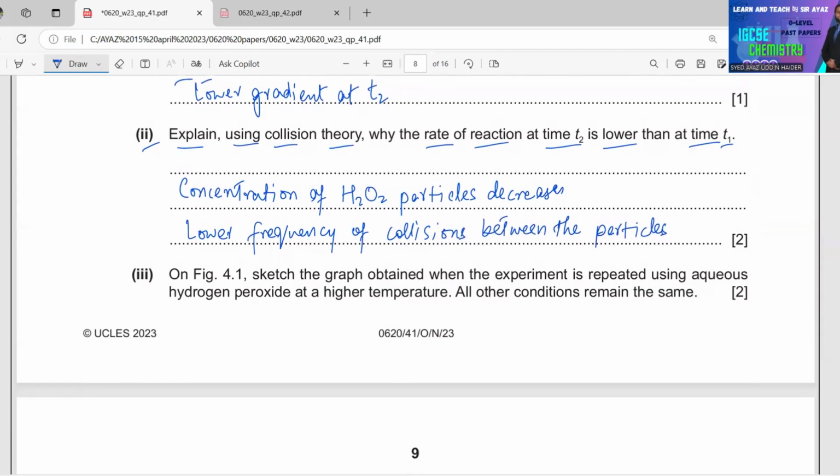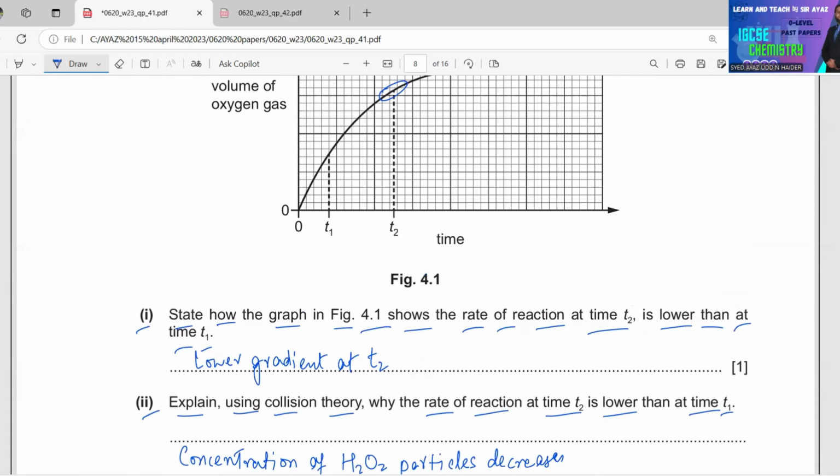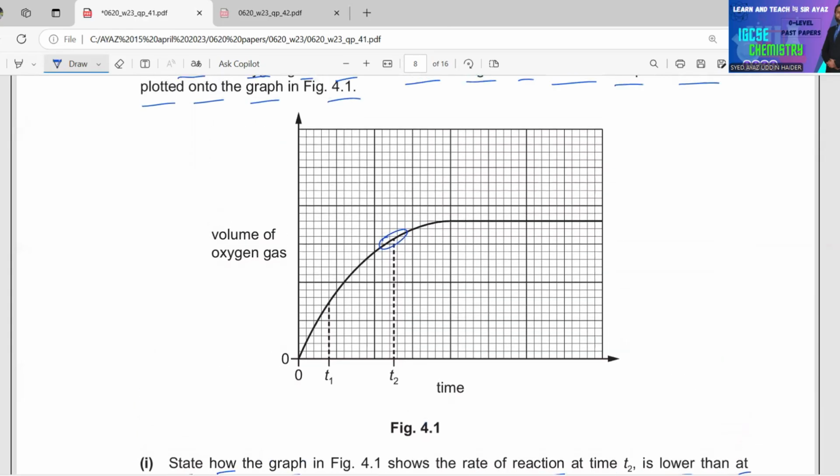Number 3, on figure 4.1, sketch the graph obtained when the experiment is repeated using aqueous hydrogen peroxide at a higher temperature. All other conditions remain the same. Now, if you increase the temperature, the graph will be steeper.